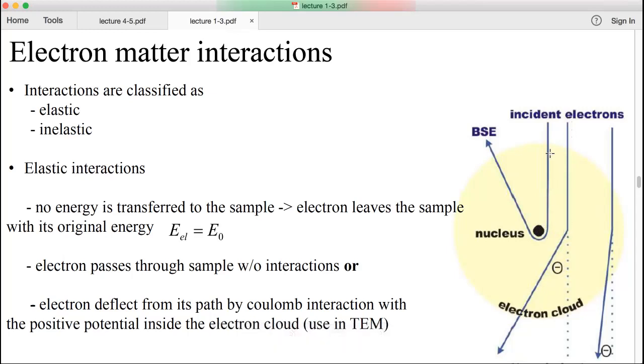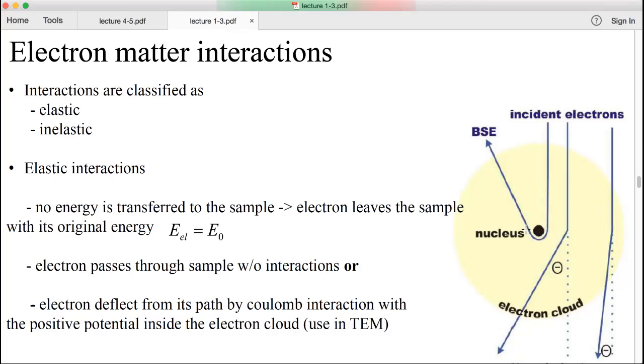And there's a very narrow chance, but if the incident electron goes very, very close to the nucleus, this attractive force can turn the incoming electron by 180 degrees and it will leave the sample.